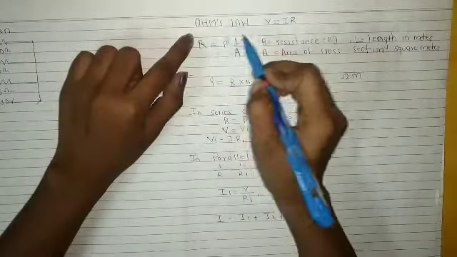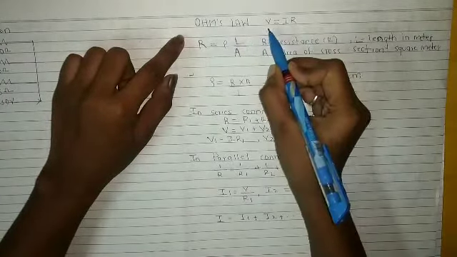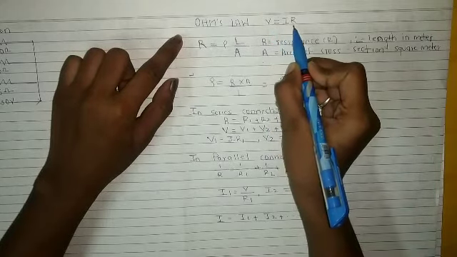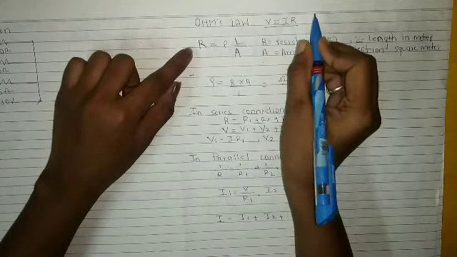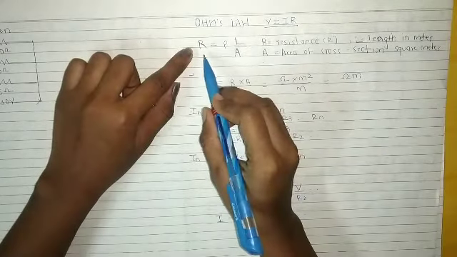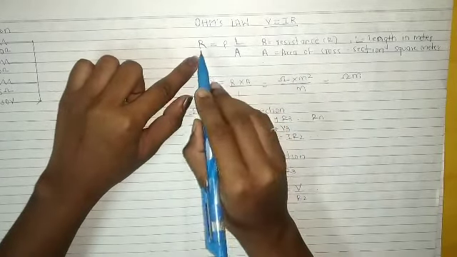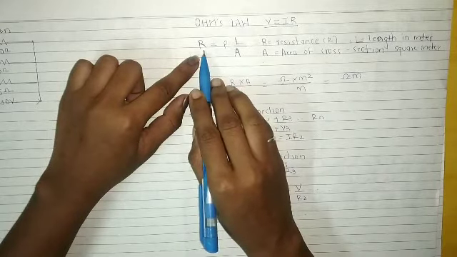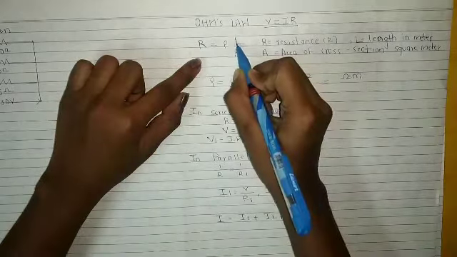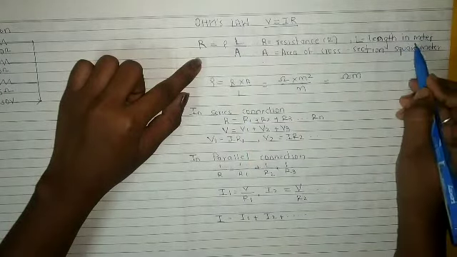We know Ohm's law and the formula is V is equal to I R. You have to remember this formula, V is equal to I R. Now R is for resistance, L is for length in meter.